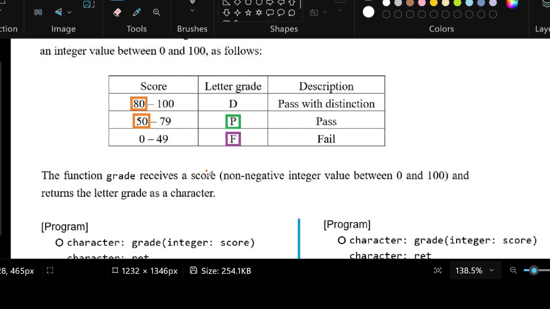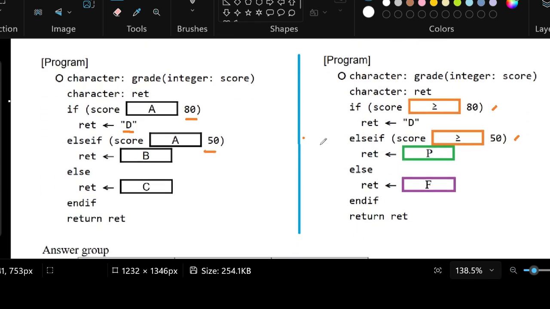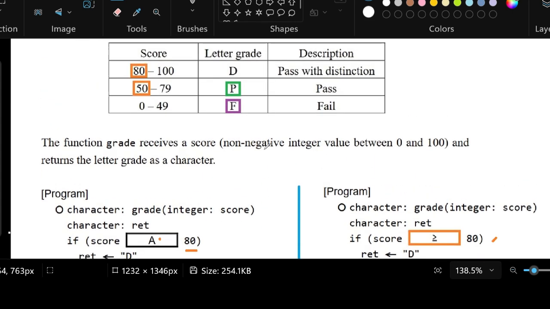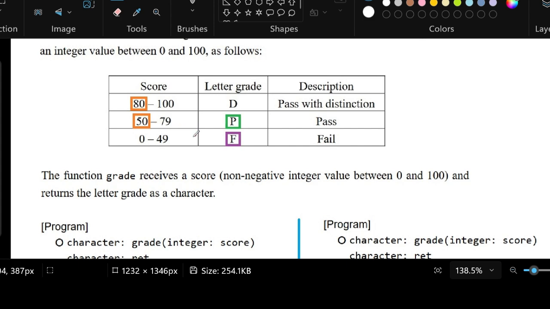So again, because the answer for blank A is greater than or equal to 80, and this one should also have the same answer, because you can see that this one is blank A and this one is also blank A, then this should be greater than or equal to 50 as well. And we know that if your score is between 50 and, based on the table, 50 to 79, then the letter grade should be P.